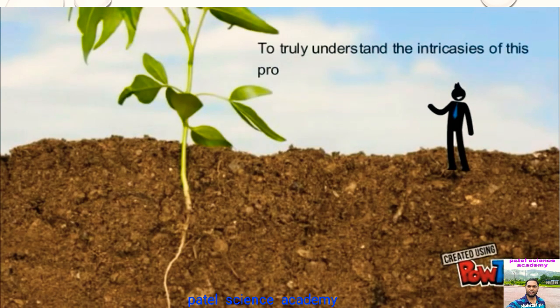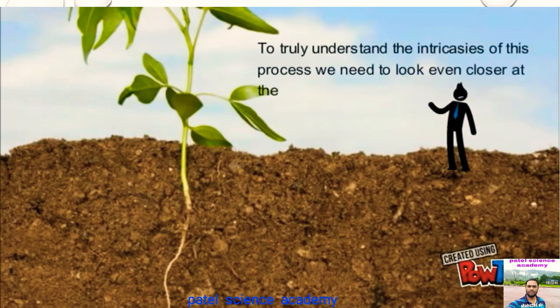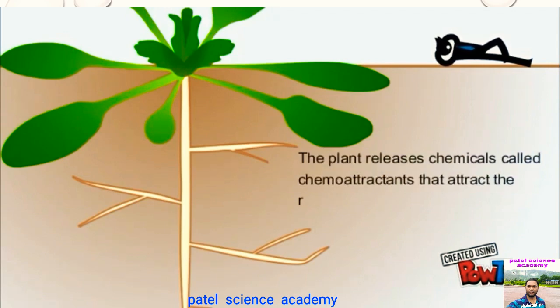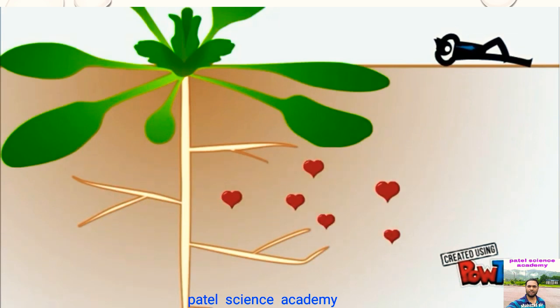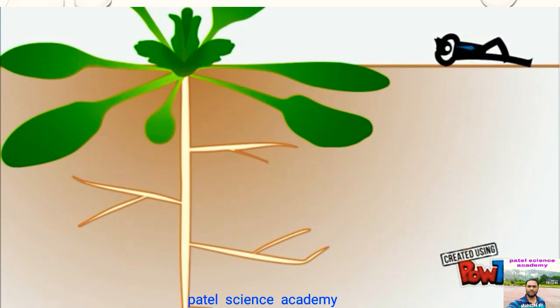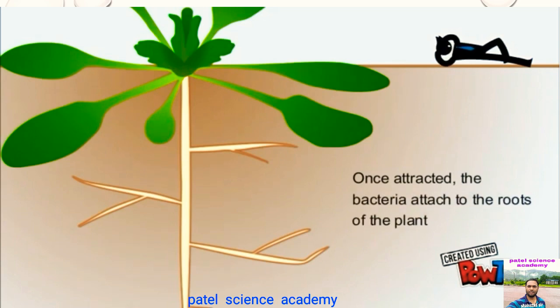To truly understand the intricacies of this process, we need to look even closer at the root of this plant. The plant releases chemicals called chemoattractants that attract the rhizobium. The rhizobium comes running. Once attracted, the bacteria attach to the roots of the plant.